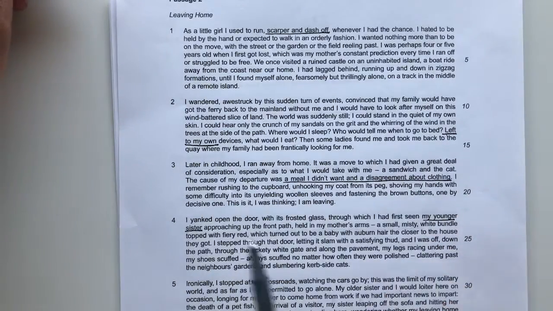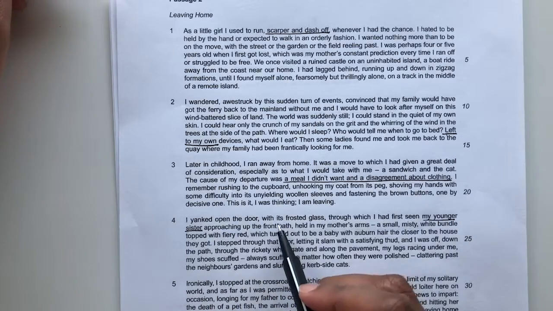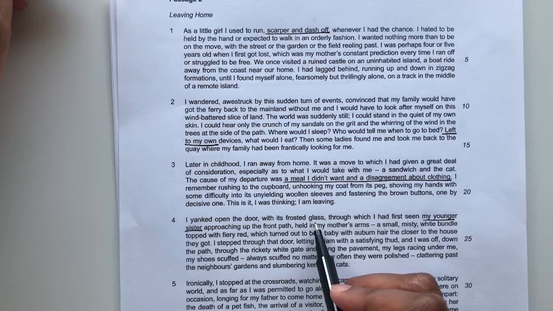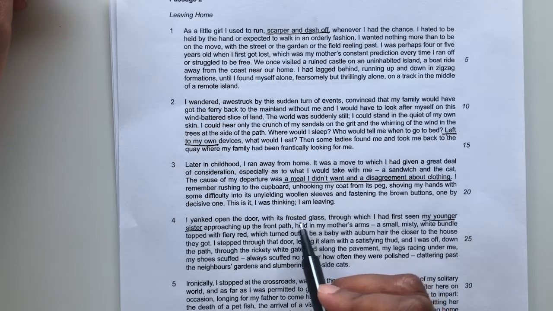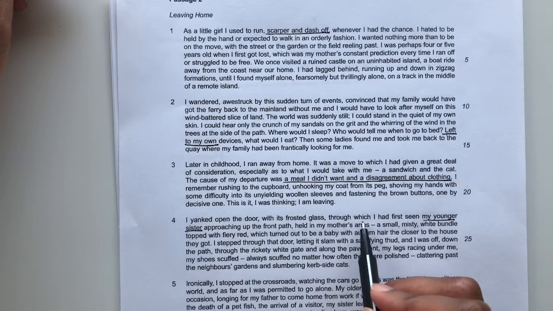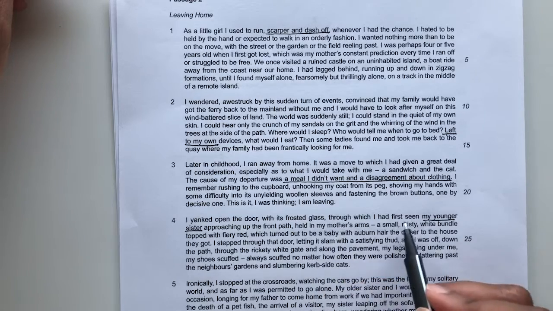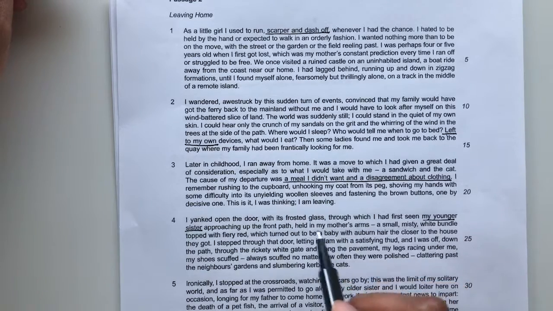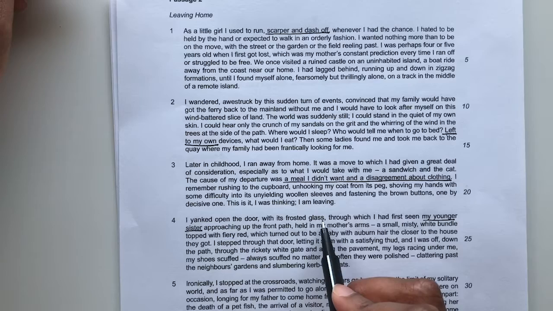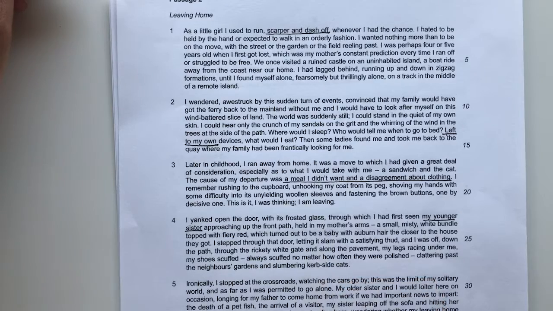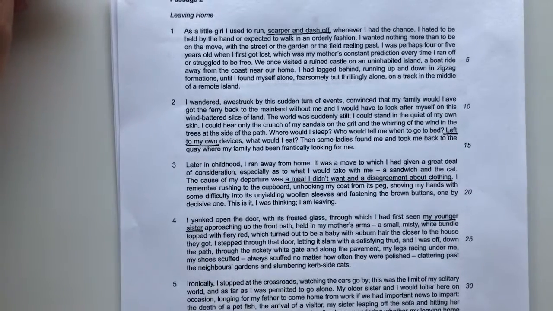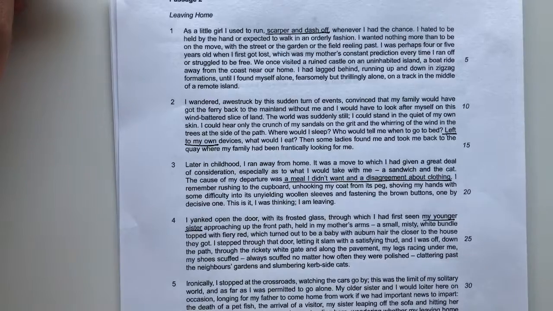And the reason why is here at the beginning. She says, I yanked open the door with its frosted glass. So if we remember, frosted glass, through which, so she saw her younger sister through a frosted glass. So it means that the glass had some frost on it. It was blurry. She couldn't see well.